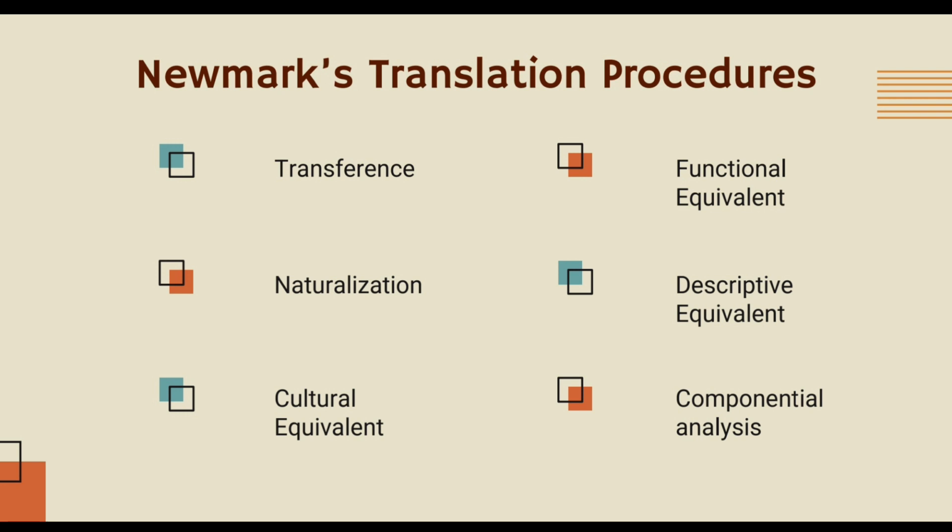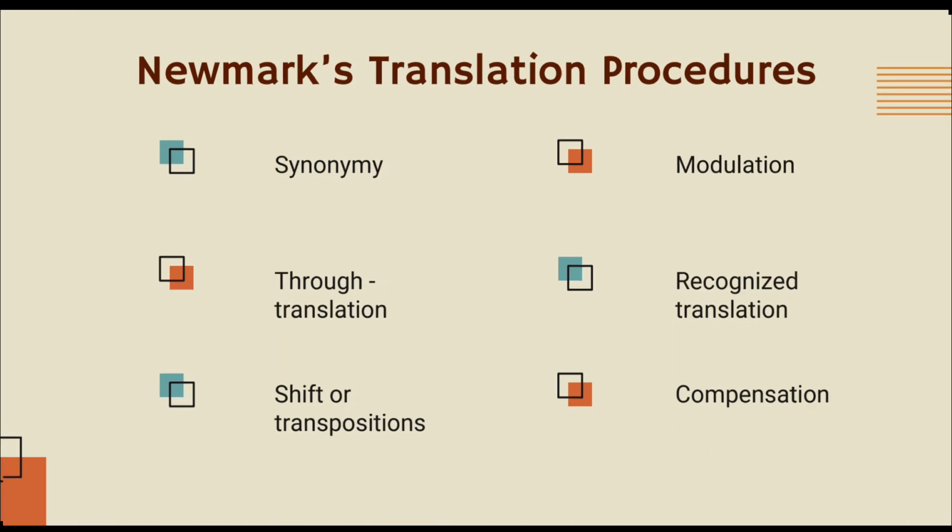6. Componential analysis. It means comparing an SL word with a TL word which has a similar meaning but is not an absolute one-to-one equivalent, by demonstrating first their common and then their different sense components. 7.